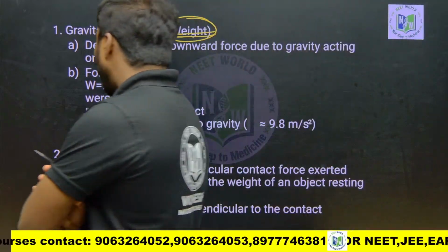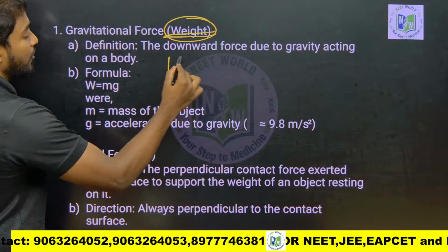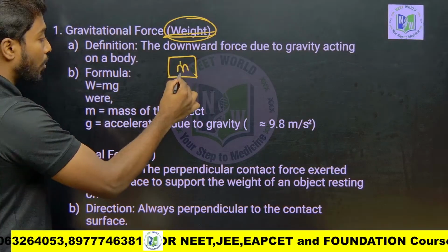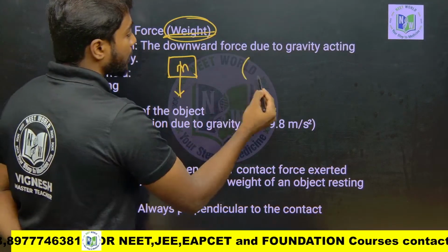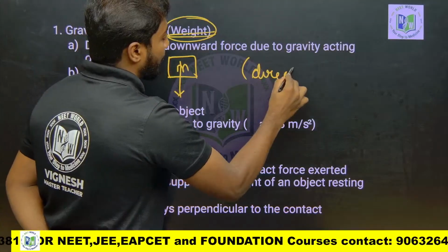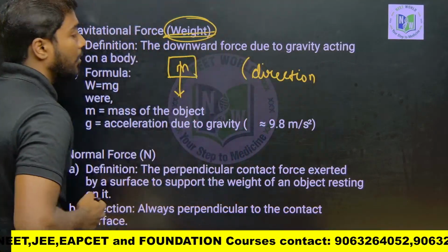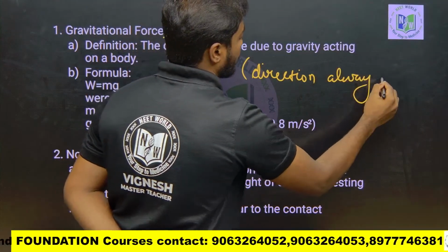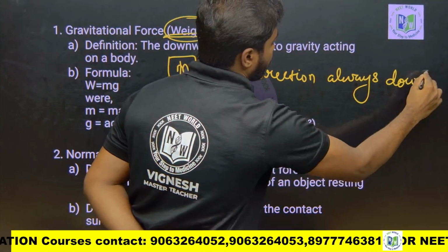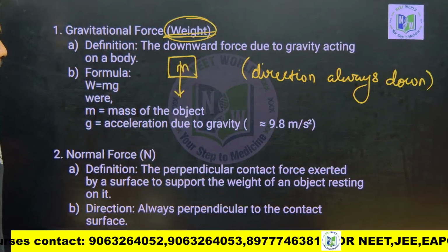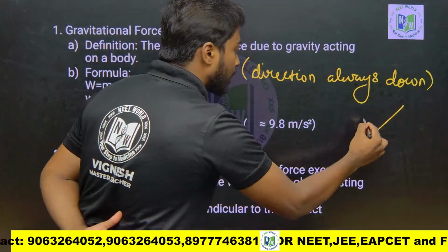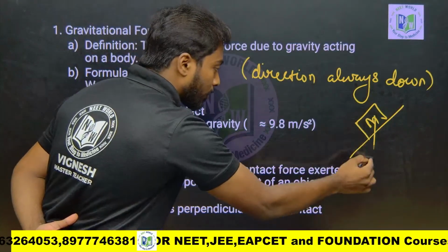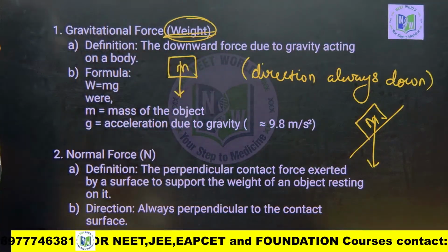For example, if I take a body of mass m, the direction of the force will always be towards down, towards the center of the earth. Whenever we take a body on an inclined plane also, with mass m, I should take the weight towards down.